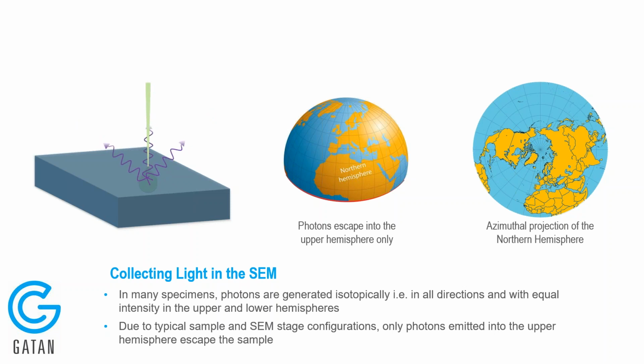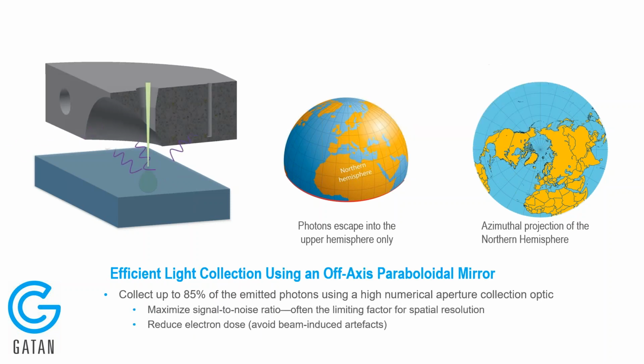Typically the way that this is done in the most efficient manner is to use some sort of collection optic, an objective that covers a large solid angle and reflects the photons that are emitted from the sample into detection hardware downstream, in order for us to be able to analyze the light that is emitted.